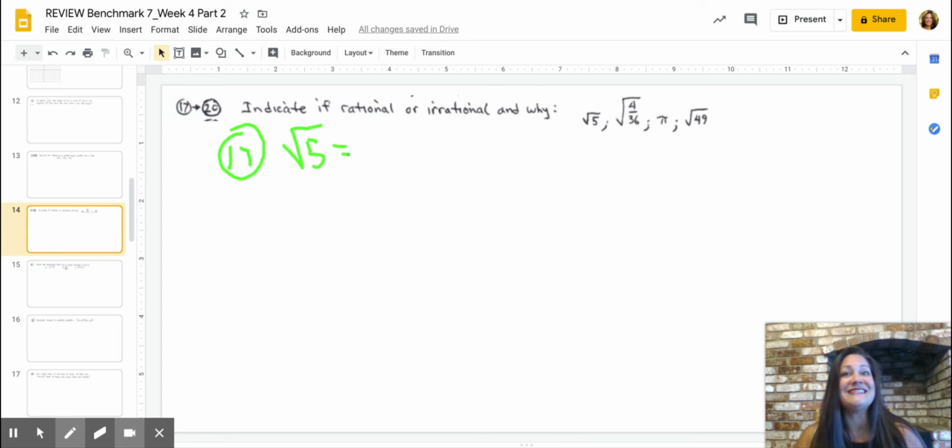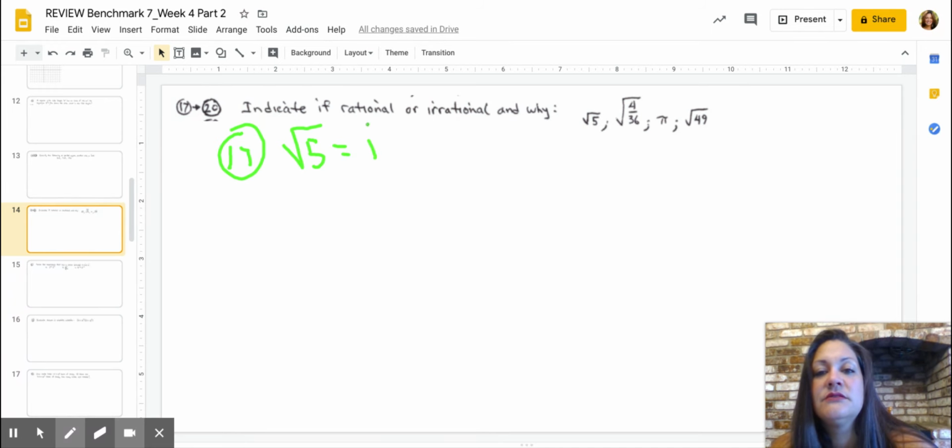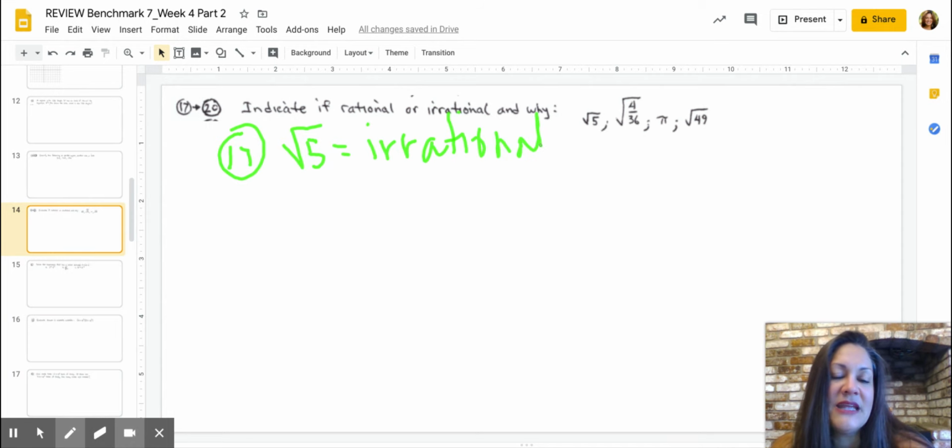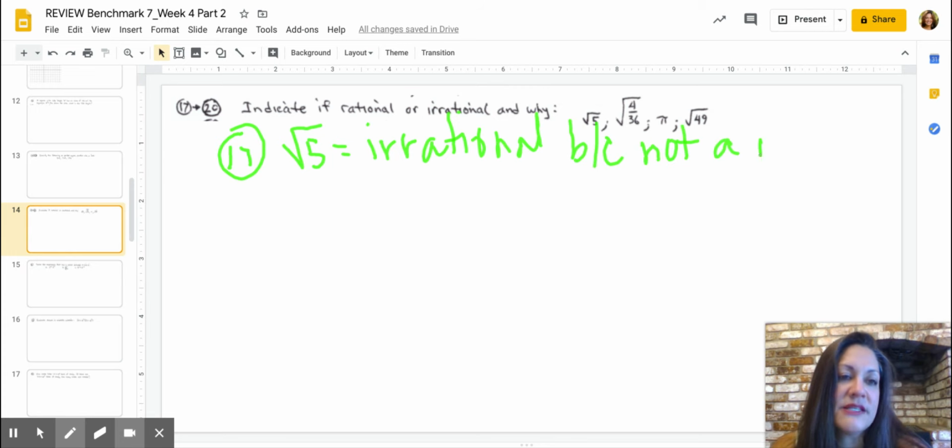Or if I went to 9, which would be 3 squared. So this is irrational because it's not a perfect square.